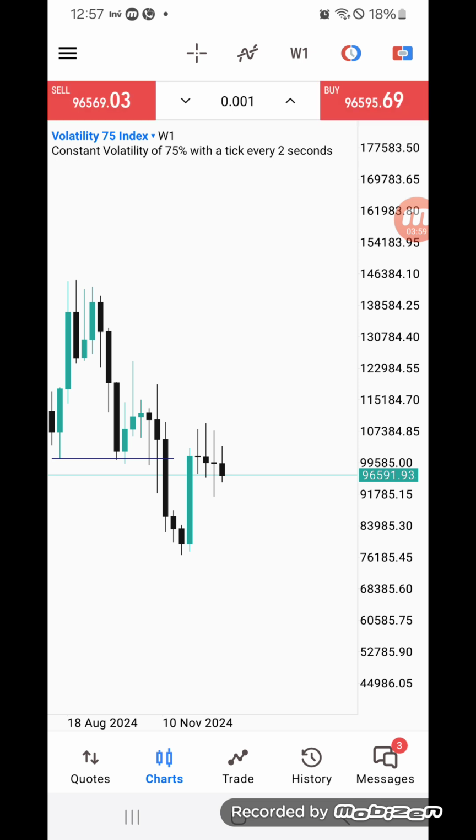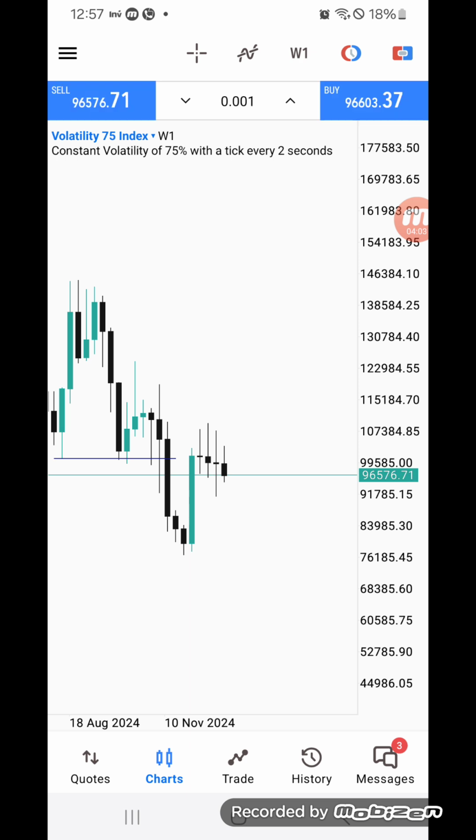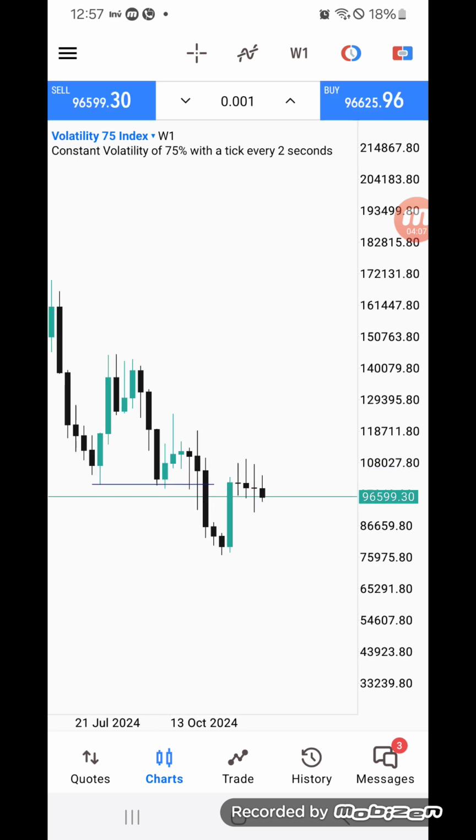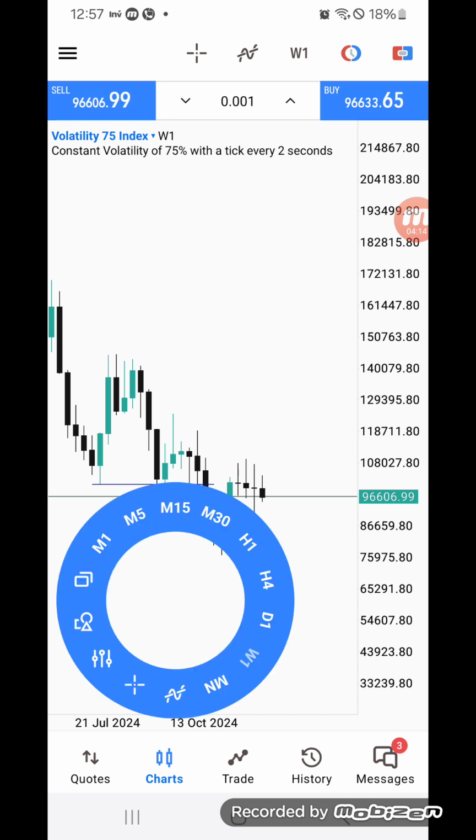That's the first break of structure that we can see. So after that, you can see the market tried to go back to the range, but it didn't reach the discount, or rather the premium zone.